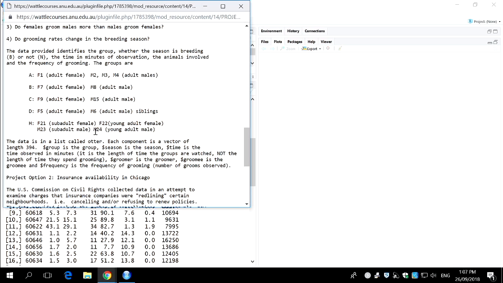The reason you might think these things are in there, and again, this is the great mystery of data. As I said yesterday, data doesn't come with instructions. Not only does it not come with instructions, it often comes with red herrings, things that don't matter. You just don't know they don't matter yet. So it might or might not matter that those 2 otters in Group D are siblings.